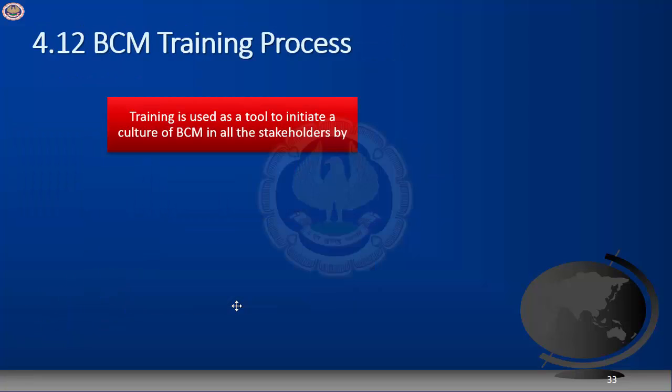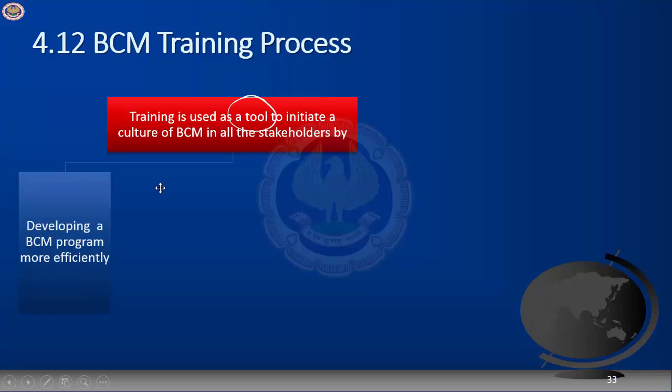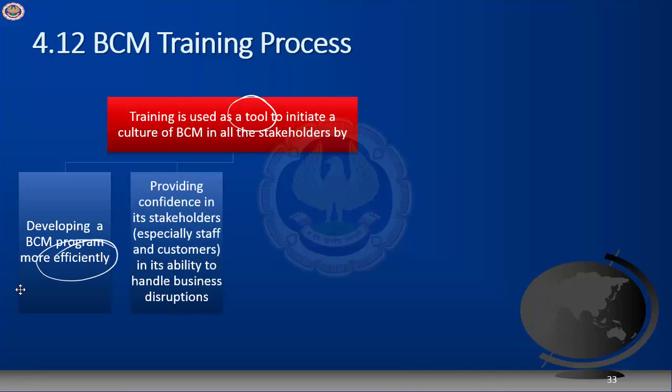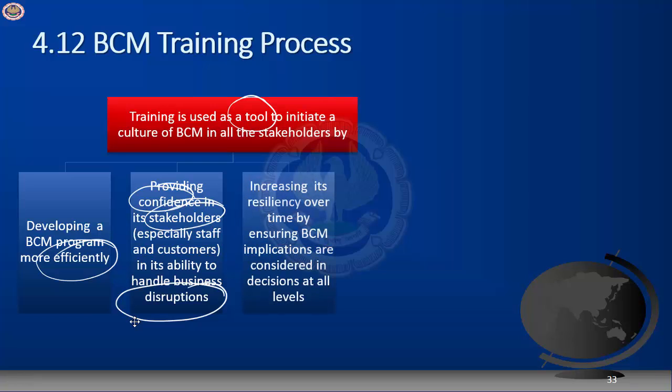So what does the training cover? Let's have a quick overview of this. Training, as you know, is a tool to communicate to the stakeholders about the different aspects of the business continuity plan. The fundamental aspect is that it should work efficiently and effectively in a situation when it's required. So it also provides confidence to the stakeholders, especially the people who are involved, that in case there is an emergency, the staff have been trained to handle emergencies.